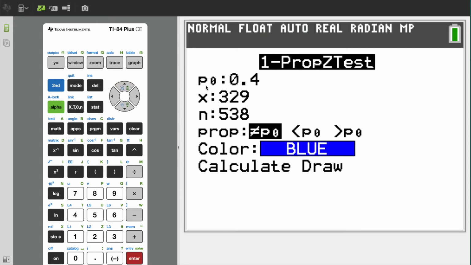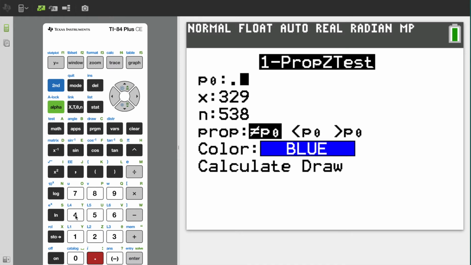Okay, so that p0 is our null. So we had 47%. You do need to plug this in decimal form, so I'm plugging it as 0.47. The x and the n are how many successes we had and our sample size. Now, I know getting into a fatal accident doesn't sound like a success, but it's what we're looking at right now.